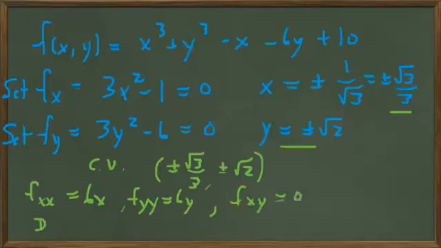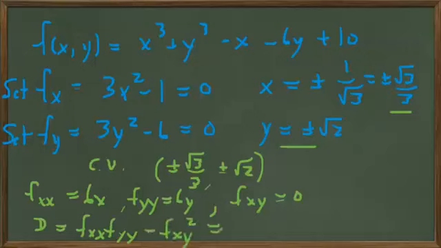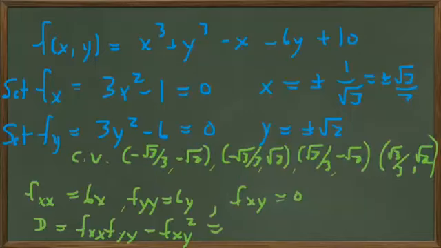So the discriminant is f sub xx times f sub yy minus f sub xy squared. And so as we have rewritten the critical values separately here, we check out each critical value by plugging into the discriminant, noting that f sub xx is this and f sub yy is this.